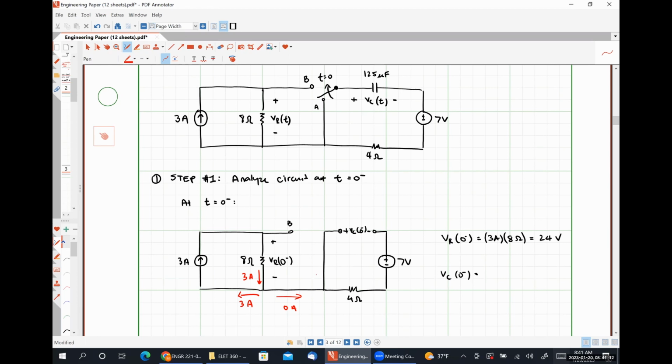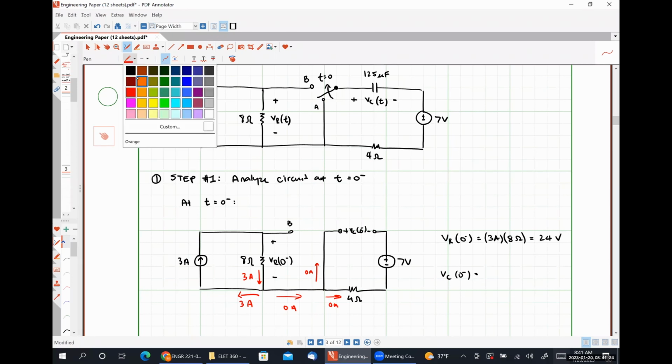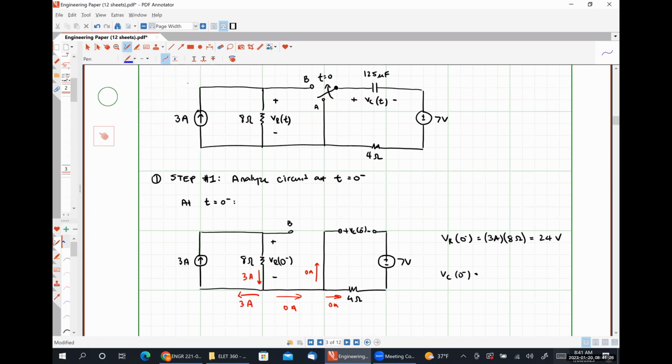We know that there's no current flowing up this way because it's an open circuit, which means there's no current flowing this way either. So that means the voltage drop across our 4 ohm resistor must be 0 volts.